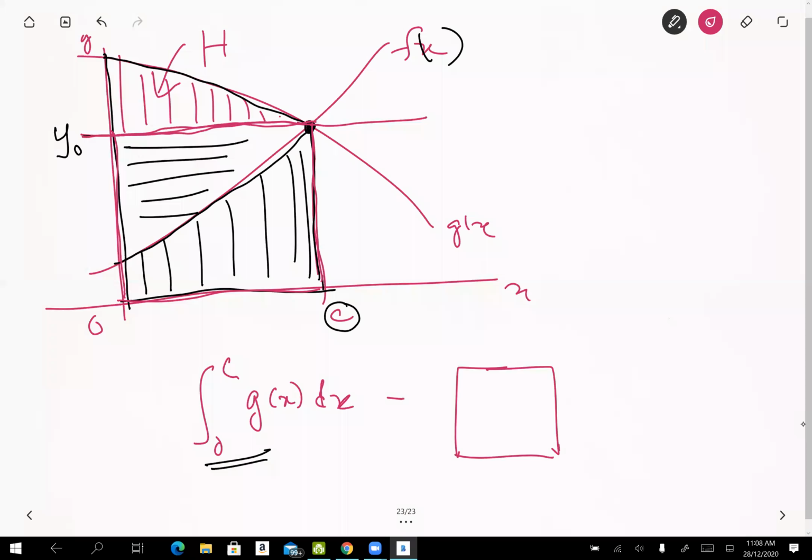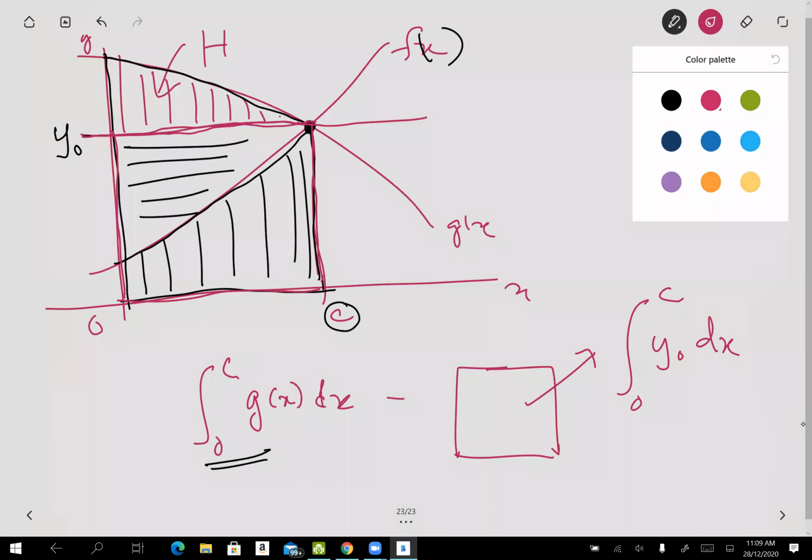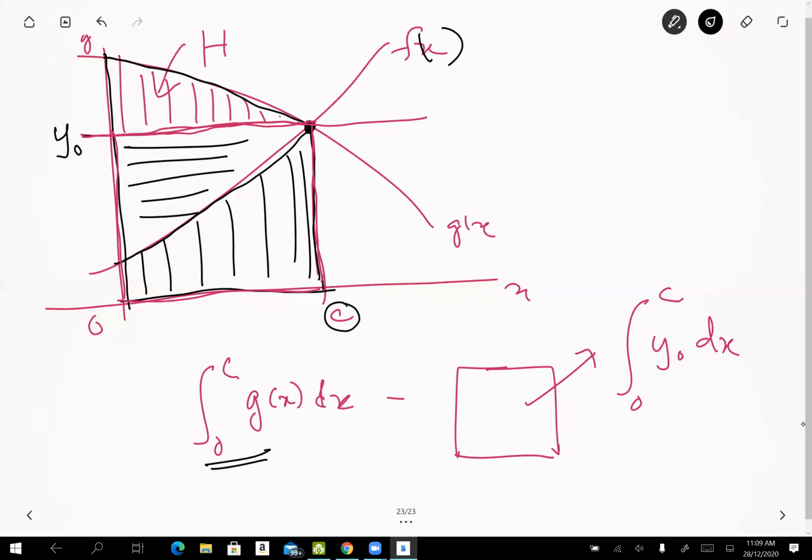Now, what is that rectangle? The area of the rectangle from 0 to C is the integral of Y0 dx from 0 to C. Now, Y0 is the horizontal line. So in order for you to find H, I need the point E again here.